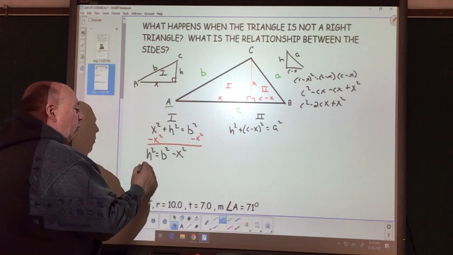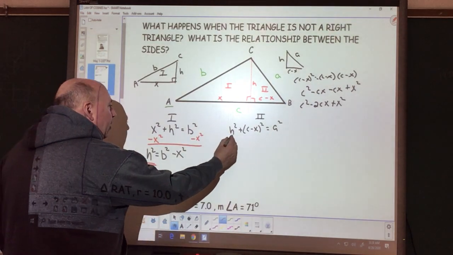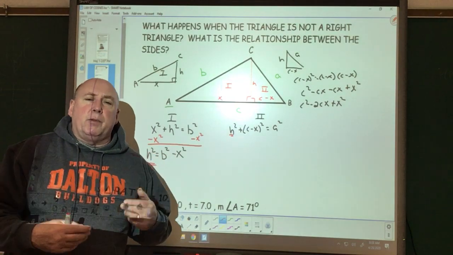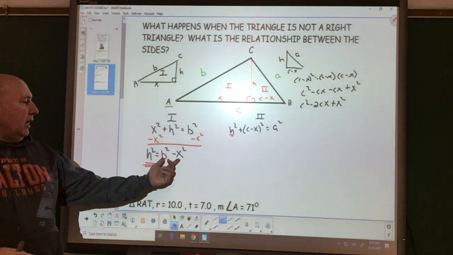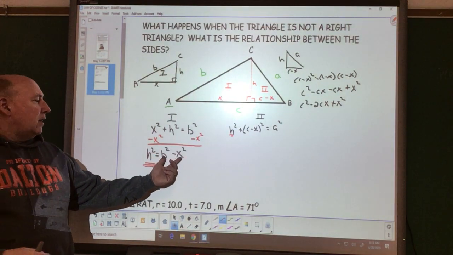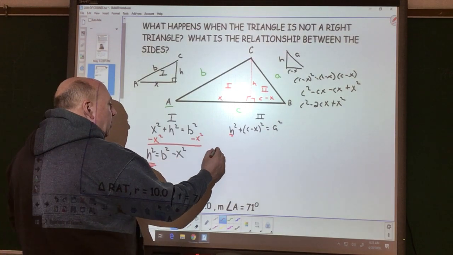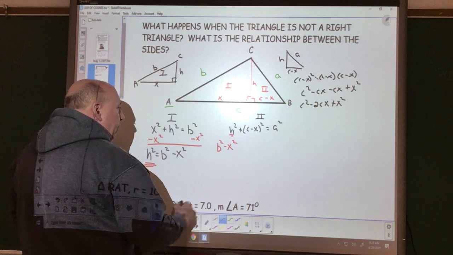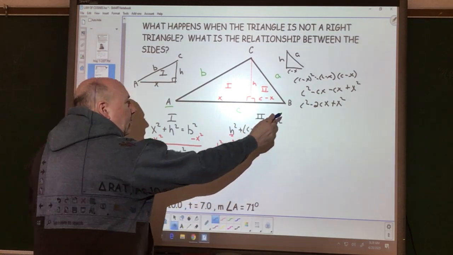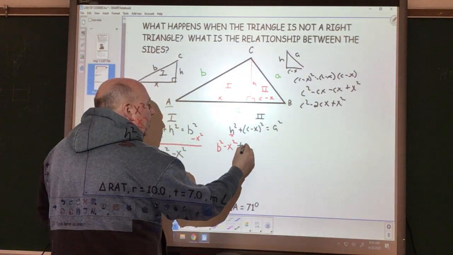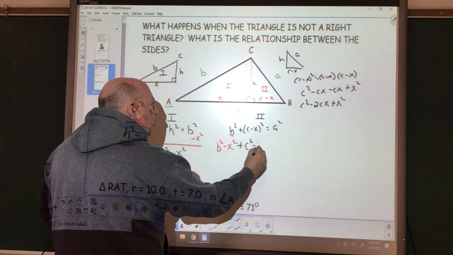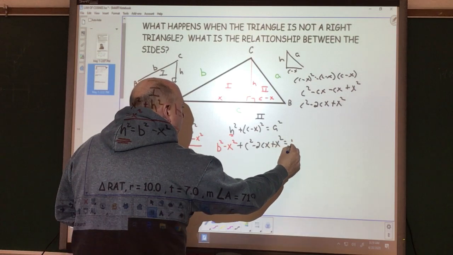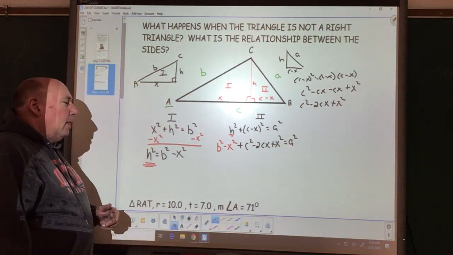And what we're going to do with this H squared is use our substitution principle, which is replacing something with its equal. So I'm going to take the B squared minus X squared, plus, now I could take this from up here, C squared minus 2CX plus X squared is equal to A squared.